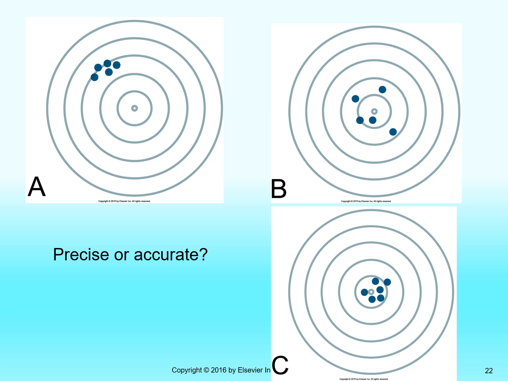Student B is going to work on their form. Aim is true, getting close to the target, right? But the arrows are spread out a little bit more randomly and they're farther apart from each other. Okay?